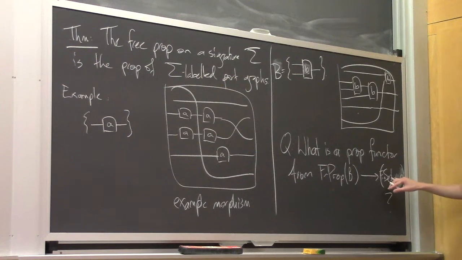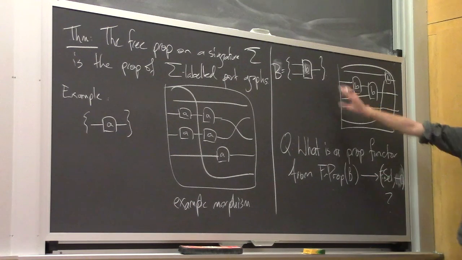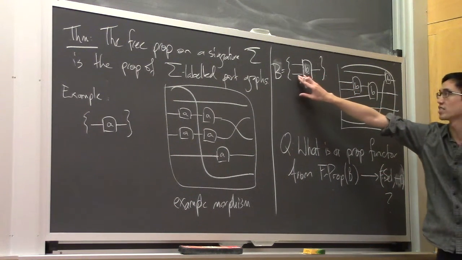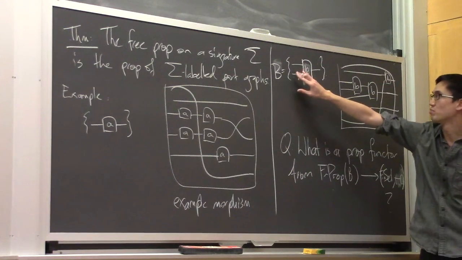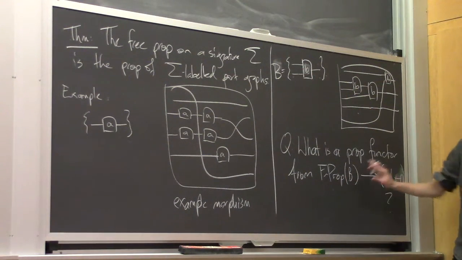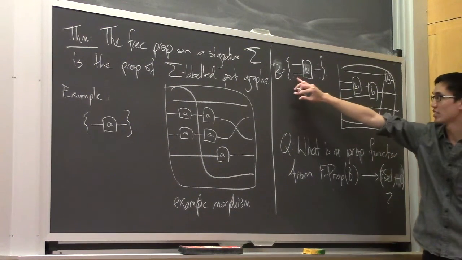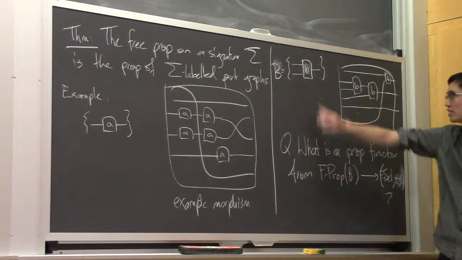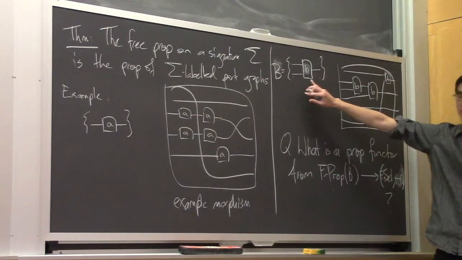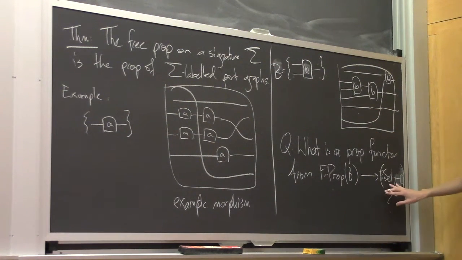Close. We've got to send this to a function, but this has got to be a function from some object to another, and this functor is already determined on objects because prop functors have to be the identity on objects. So this is a morphism from the object 2 to 1 in the free prop. So it's got to go to a function from the 2-element set to a 1-element set.